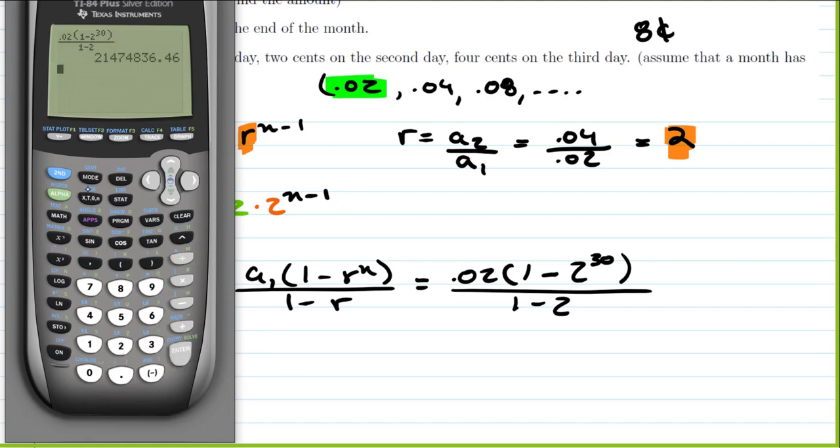It's also worth noting that we can just do this in sigma notation on our calculator. To do sigma notation, we go alpha, window, we grab our sigma as choice number 2, and our sum is going to start at 1, and we have 30 days, so go from 1 to 30, and then we put in our geometric sequence.